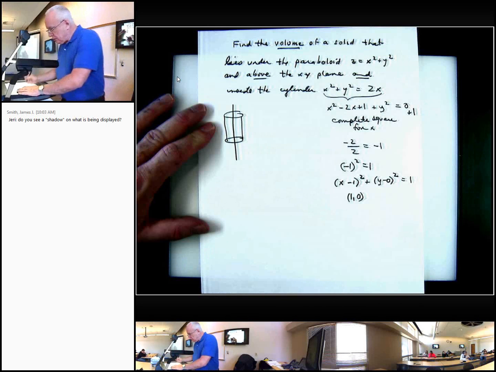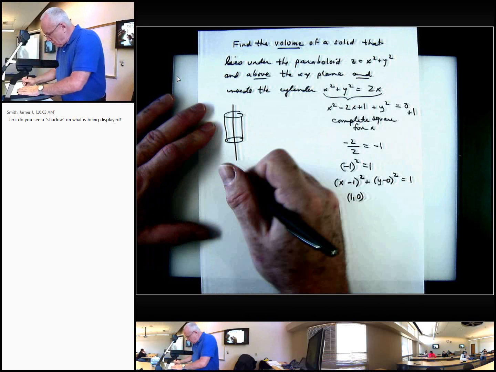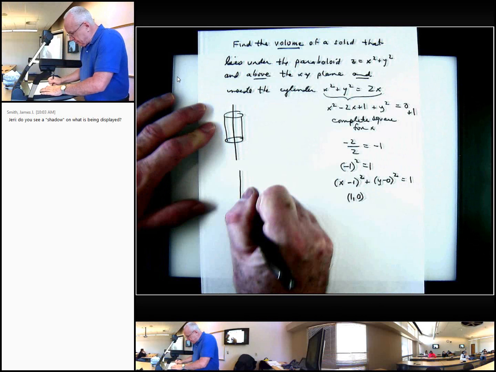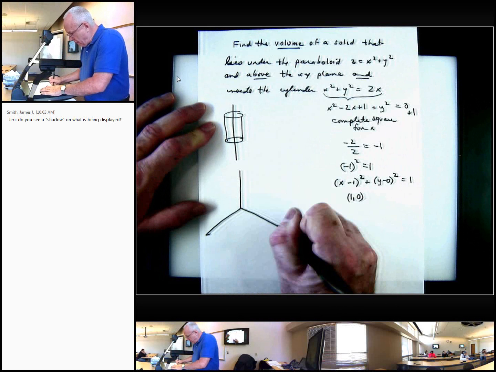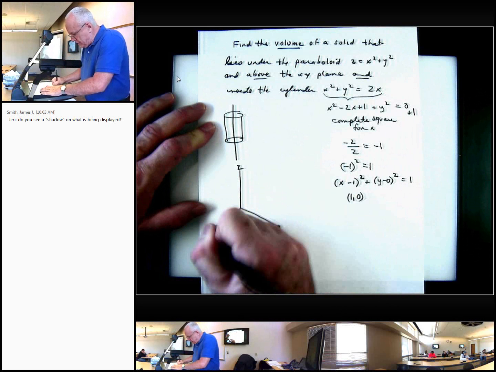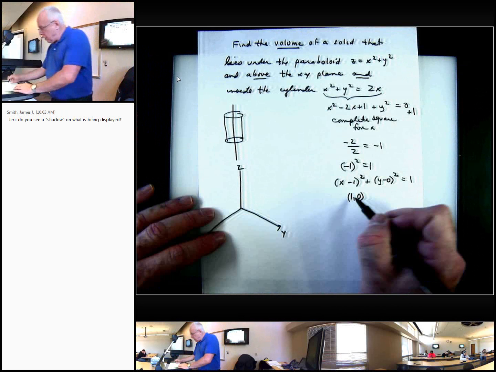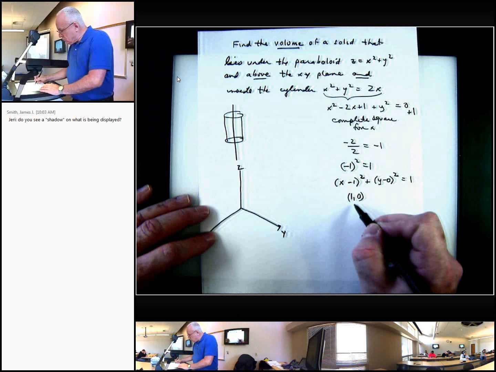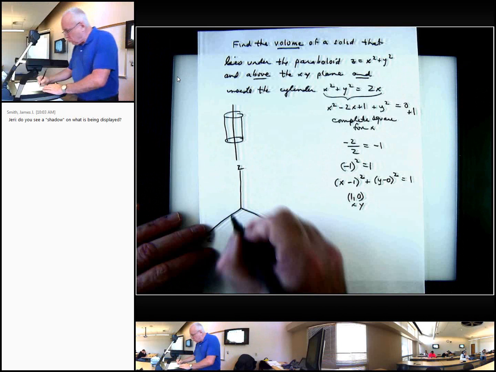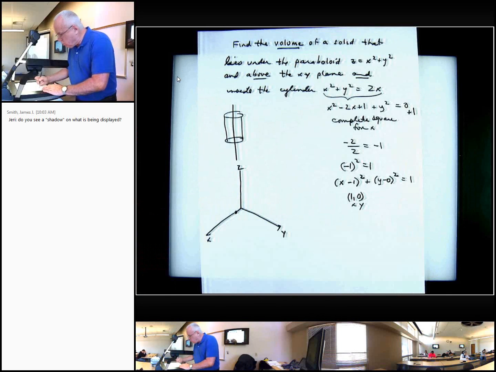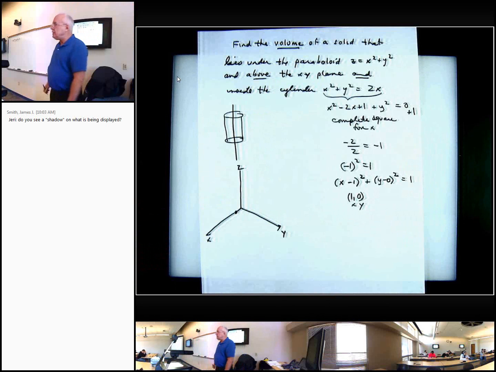Let's see here. This is the x coordinate, this is the y coordinate. So right here, where x is equal to 1, that would be that point that I'm talking about.